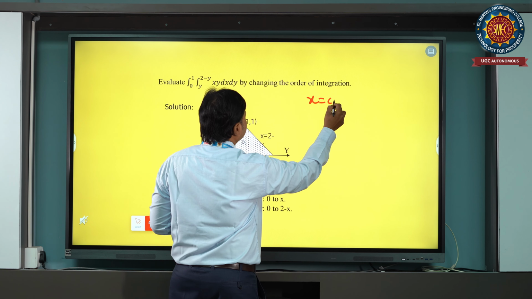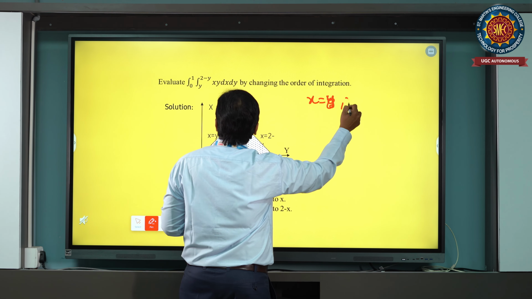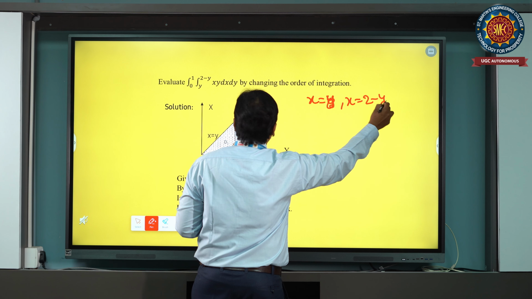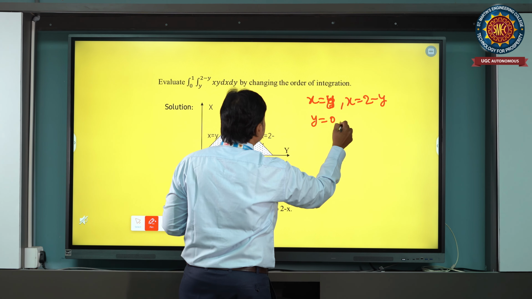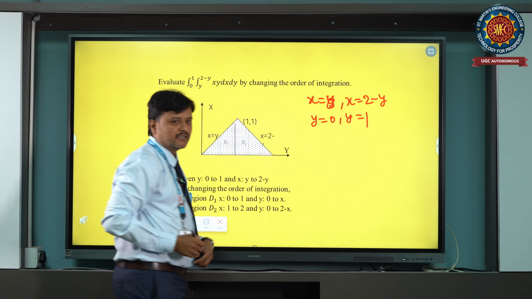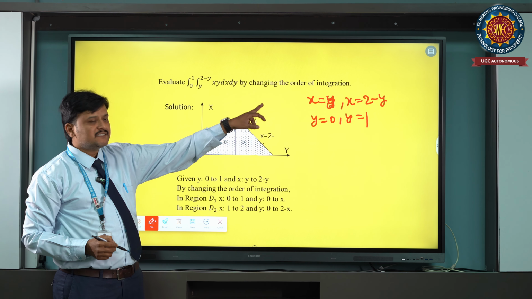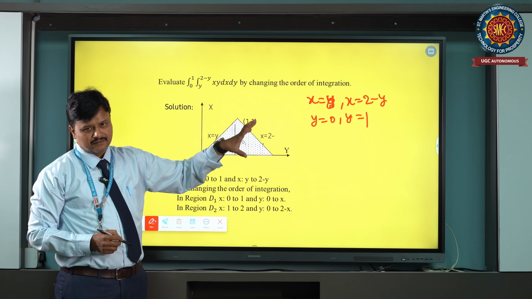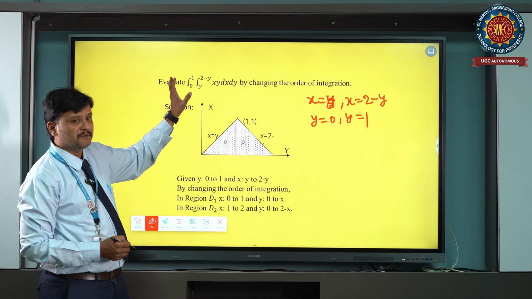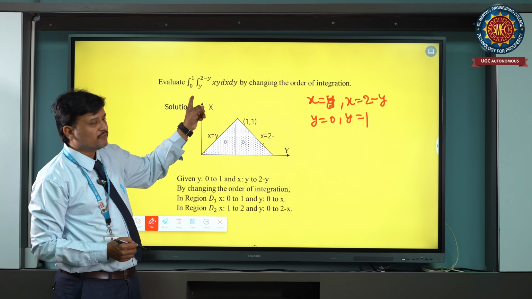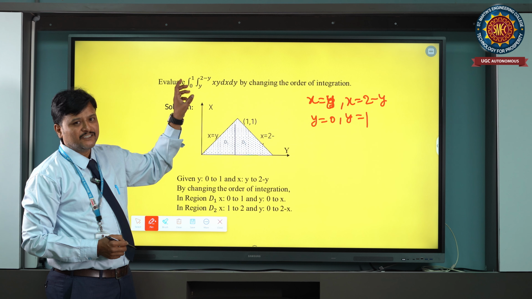So x is equal to y, x is equal to 2 minus y, and y is equal to 0, y is equal to 1. Okay, so two limits are variable limits and two limits are constant. According to the given limits, the interior limits are y to 2 minus y and the exterior limits are 0 to 1.